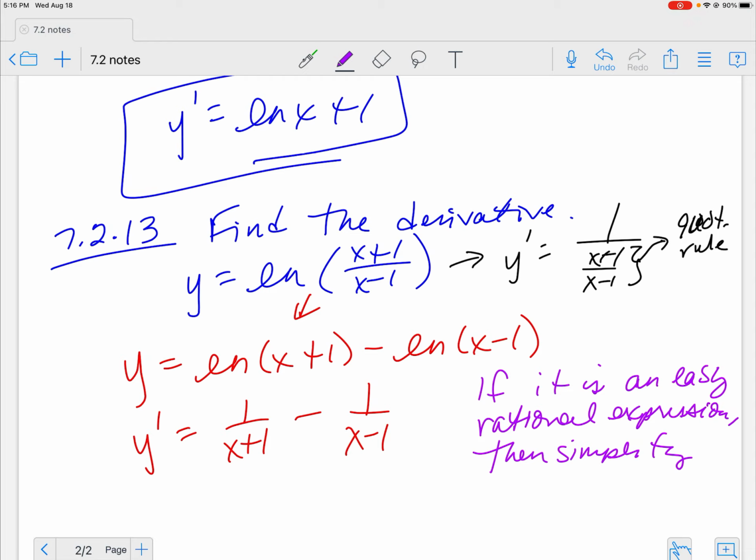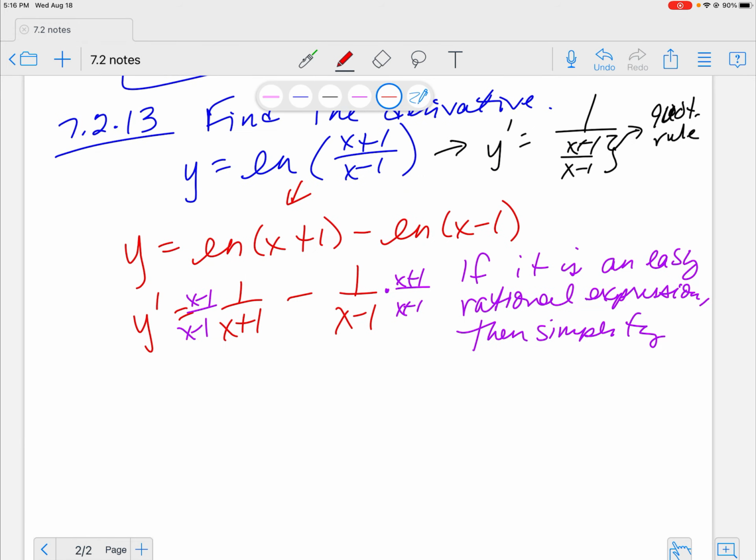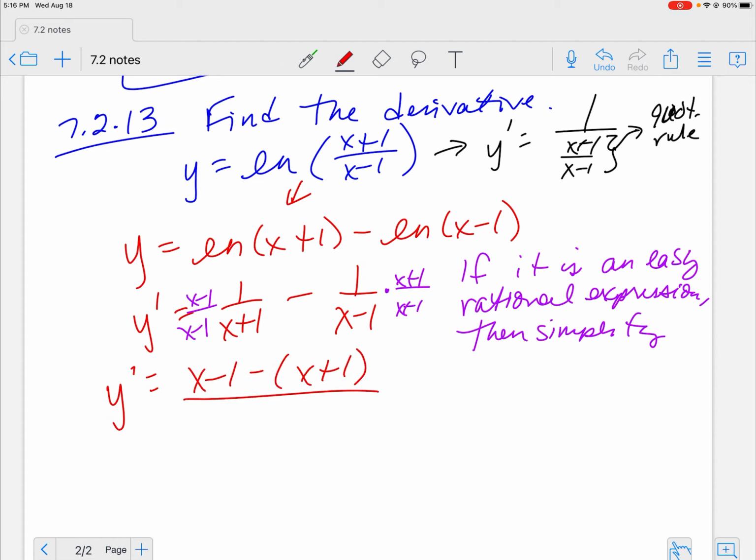But here, we've got a nice easy one. I'm going to take this times x plus 1 over x plus 1. Take this times x minus 1 over x minus 1. I'll go back to red. Scoot it up a little bit here. So I have x minus 1 minus x plus 1 over that common denominator.